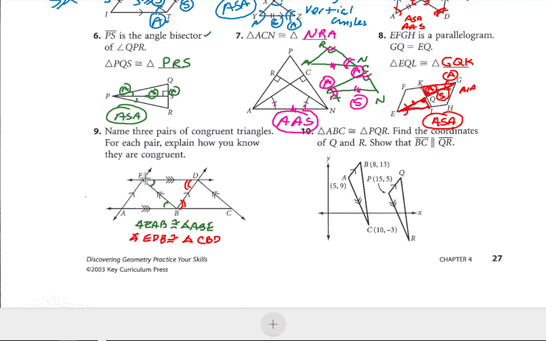We could go to maybe a different set of parallel lines. Like let's look at the ones marked with 1 arrowhead. If we look at alternate interior angles there, we can see that angle AEB is going to be congruent to angle DBE, using those lines as parallel with the alternate interior angle.